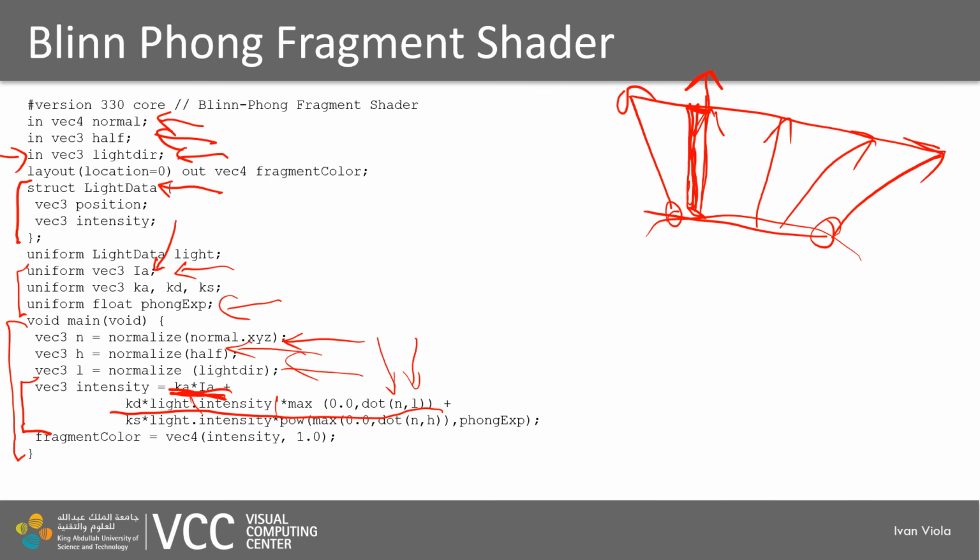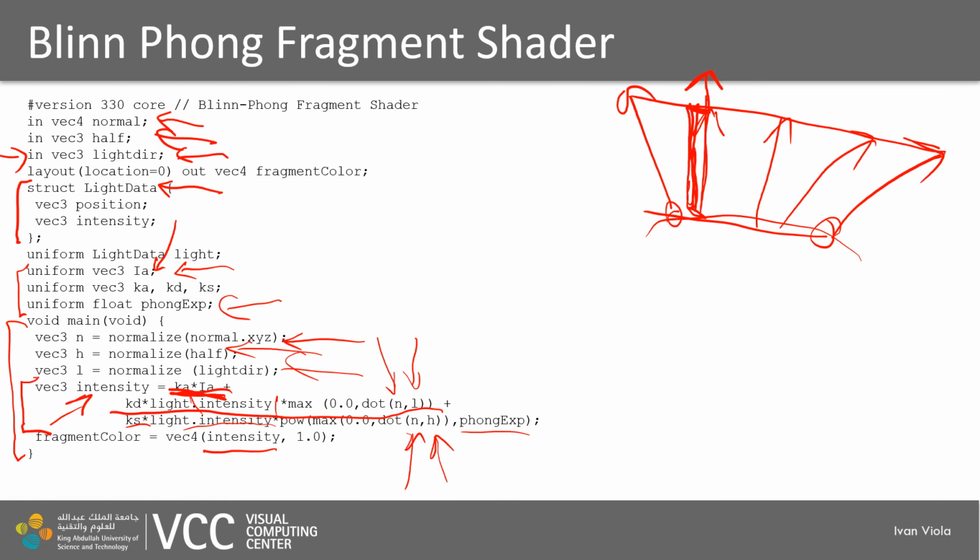And then for the specular term, we again use the light intensity here, the KS uniform, and in the dot product, we are using the normal vector and the halfway vector. The uniform of the Phong exponent is also necessary here for the calculation of this power function. And at the end, we get the final intensity value, which is then stored in the fragment color and then stored in the frame buffer.